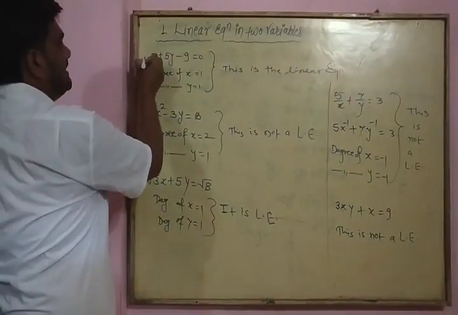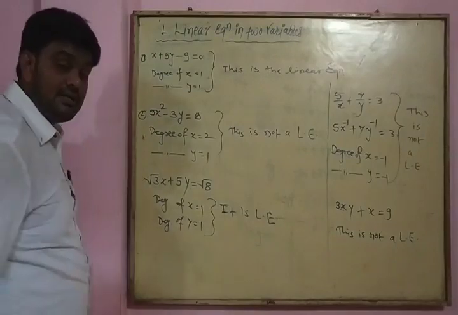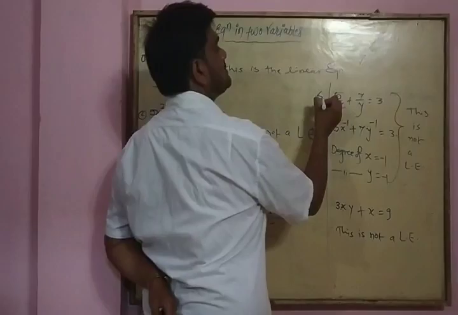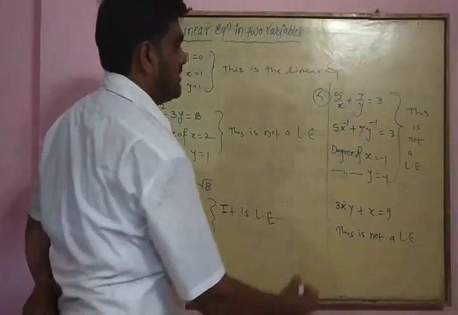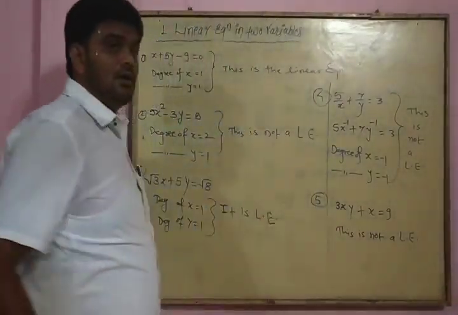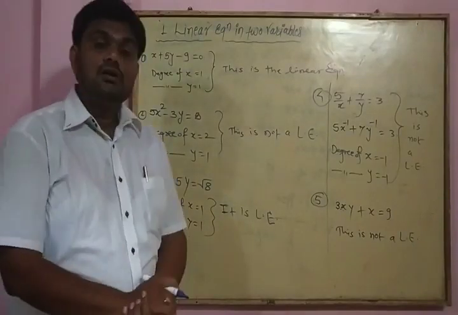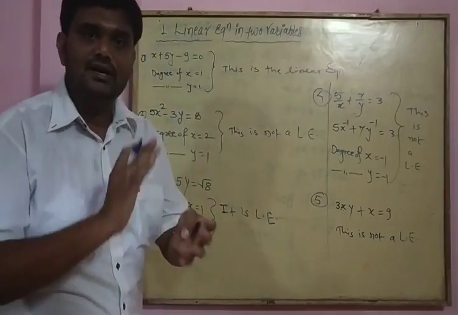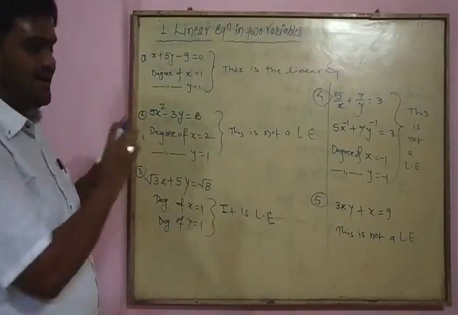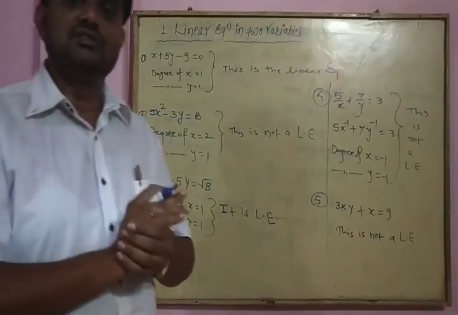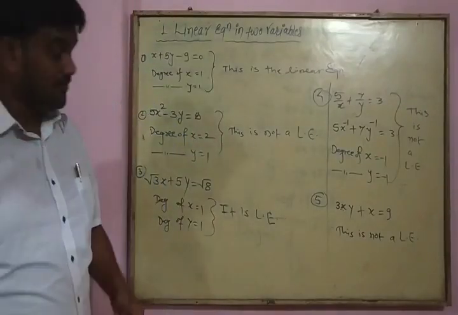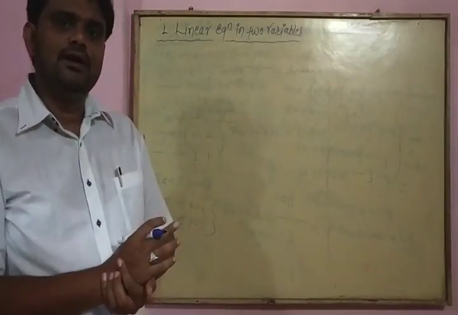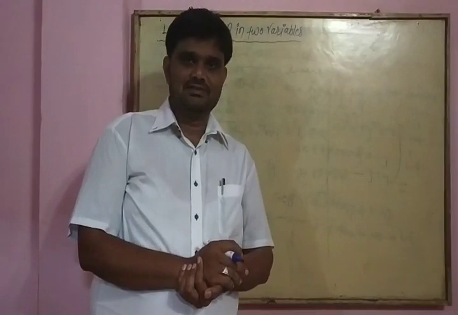Means the first one is a linear equation, the second one is not a linear equation, the third one is again a linear equation, the fourth one is not a linear equation, and the fifth one is again not a linear equation. Now students, it is sufficient to clear how to identify linear equations in two variables.